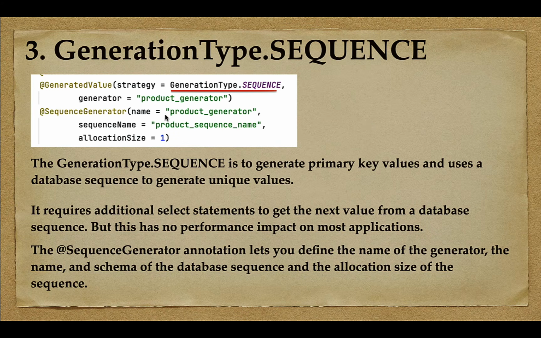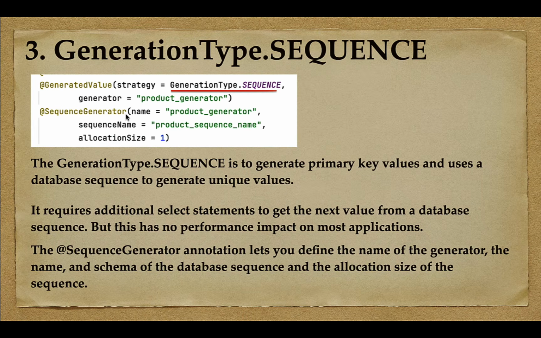We can specify sequence as a primary key generation strategy using the @GeneratedValue annotation and the @SequenceGenerator annotation. We can use @SequenceGenerator to specify the sequence name along with the allocation size. Here allocation size equal to 1 means the sequence increments by 1. By default, allocation size is 50.